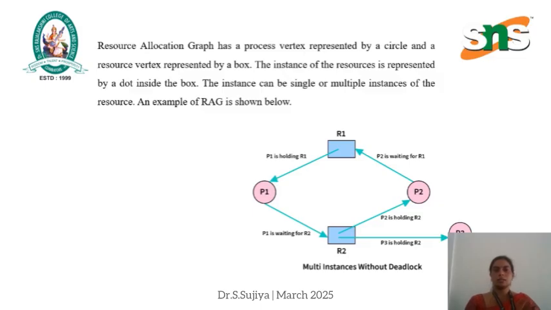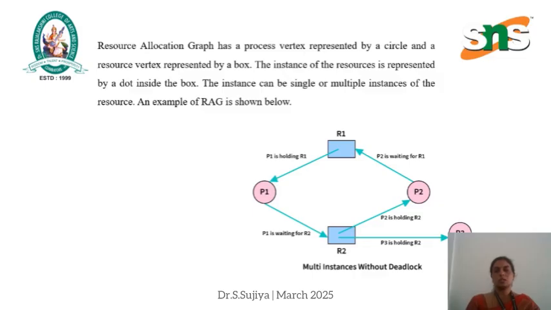An example of a resource allocation graph is shown in the diagram here. Process 1 is holding resource 1 and process 2 is holding resource 2, but process 2 is waiting for the resource held by process 1, and process 1 is waiting for resource 2, which is held by process 2.